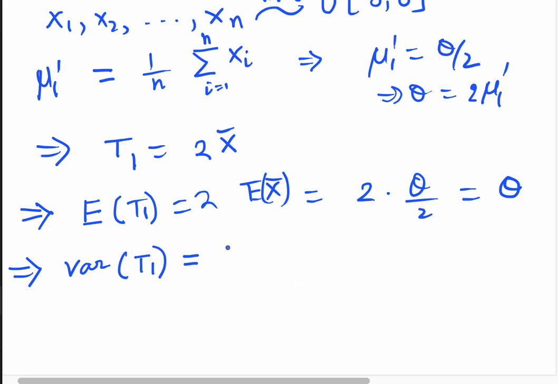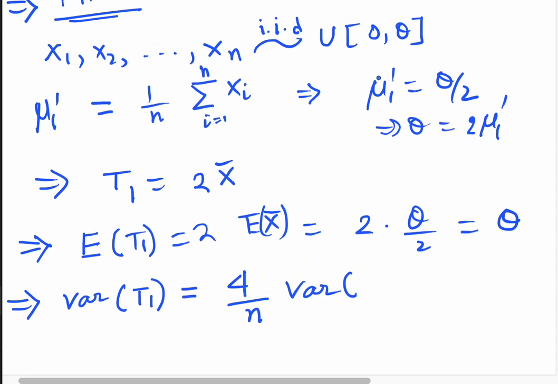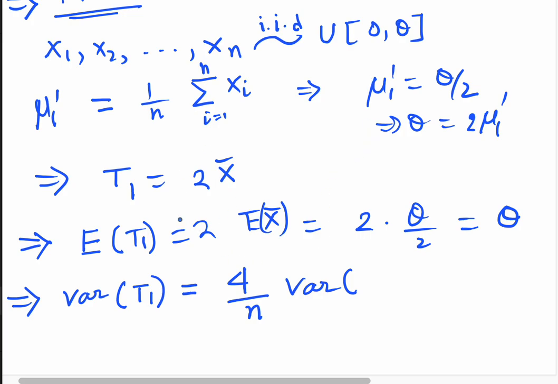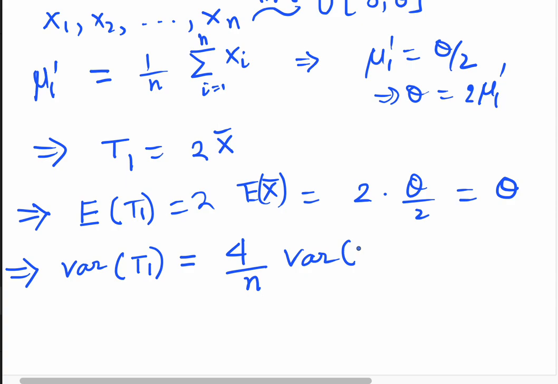It will be 4 into variance of x bar, since they are identical random variables, the variance of every one is the same.